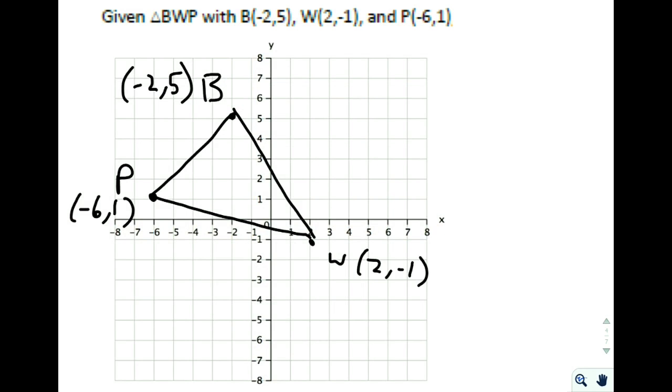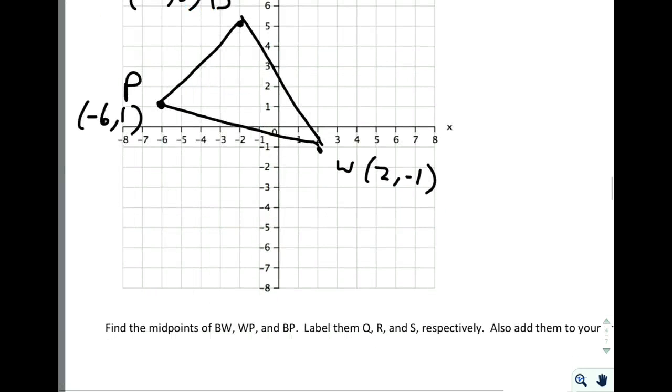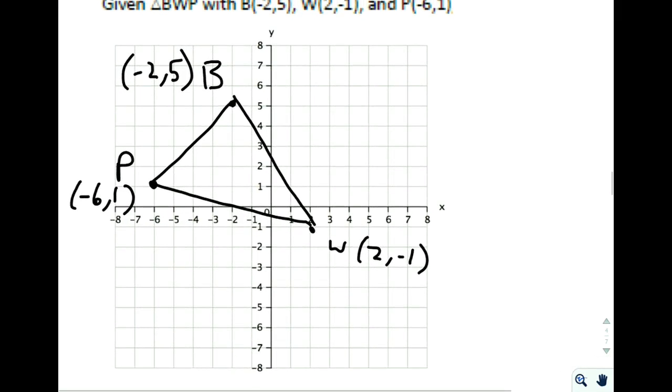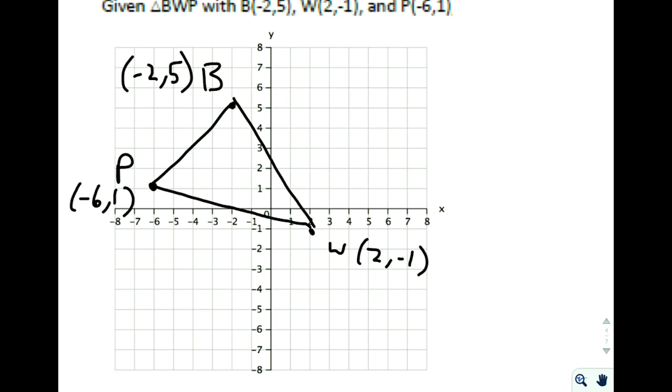So next thing we're going to do is we're asked to find the midpoints of all of these and label them. So midpoint between -2 here and +2 is going to be 0. The average of 2 and -2 is 0. So I'm going to put that there.